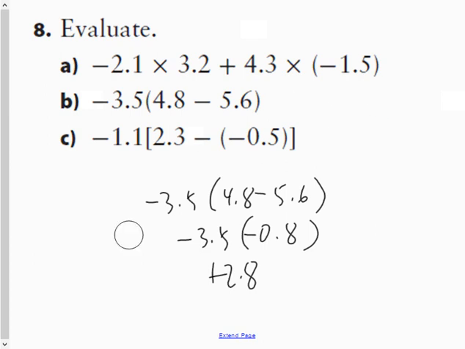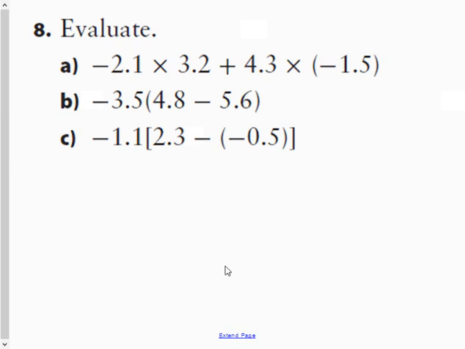Which is the last one of all of the evaluations? Is this one here? Okay, question B. So question B says negative 3, bracket, negative 3.5, bracket, 4.8 minus 5.6. I think I just did this one. Okay, so now with the calculation. Sorry, B. So we're going to take our calculator. I'll write this out actually.